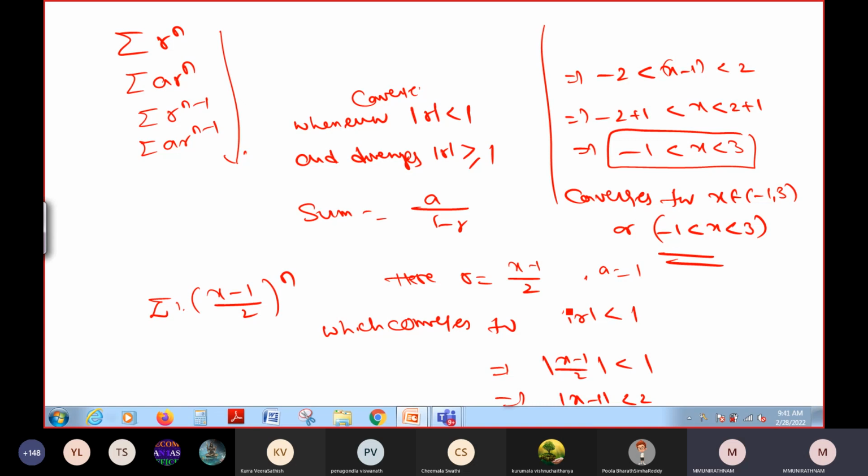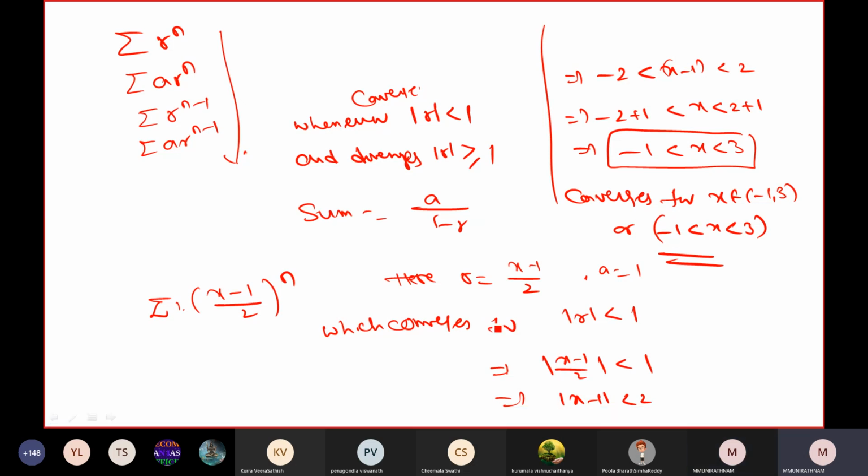Can you tell what the sum is? The sum of (x minus 1) by 2 whole power n will be a by 1 minus r. What is a? We have 1.